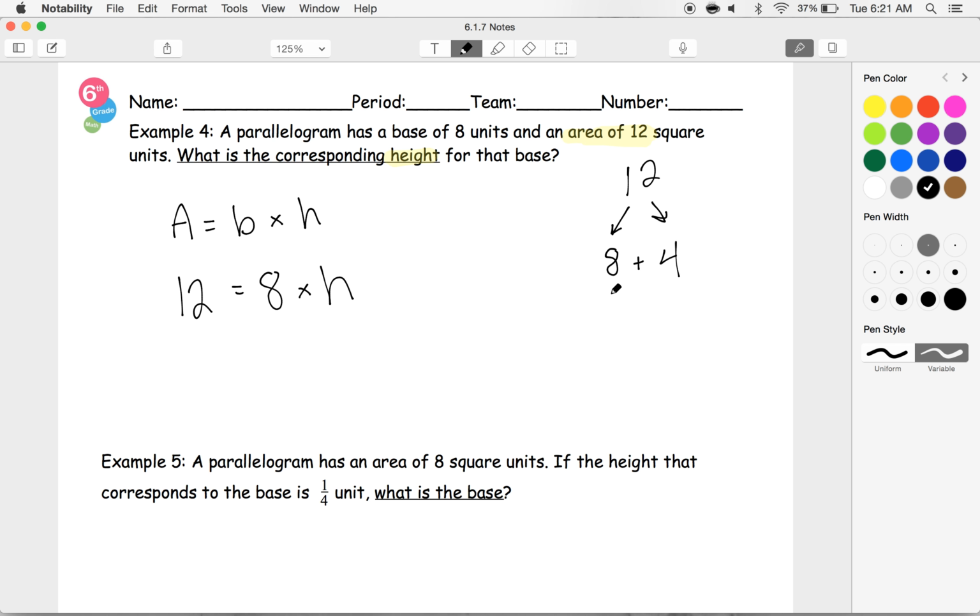Well, this looks like it's 1 1/2. So does that work? Is 8 times 1 1/2 going to give me that 12? And it does. It's very cool. So we're going to have that my height equals 1 1/2 square units.